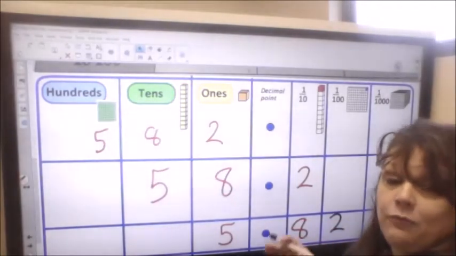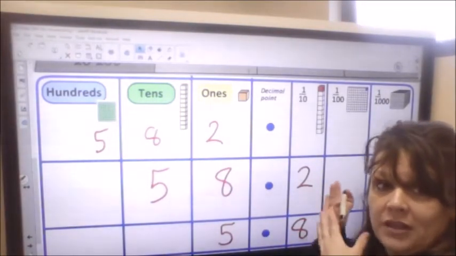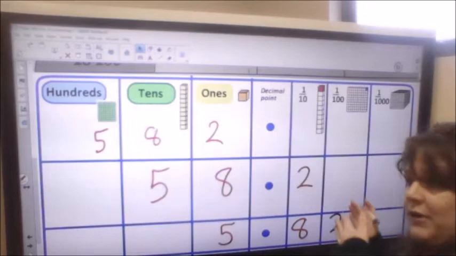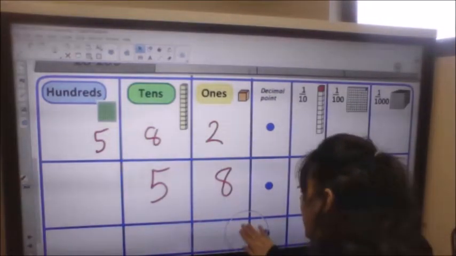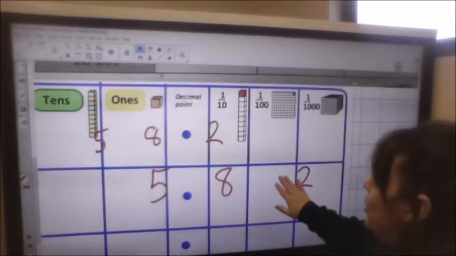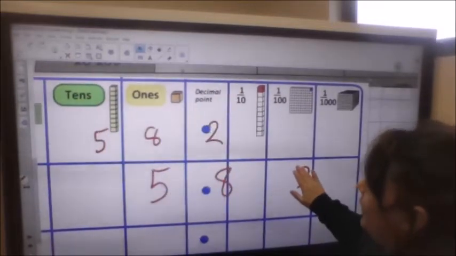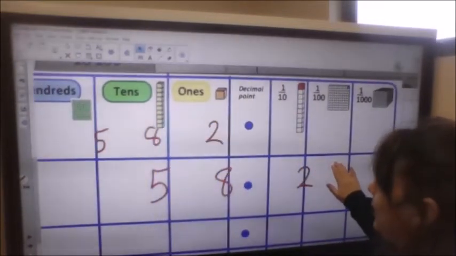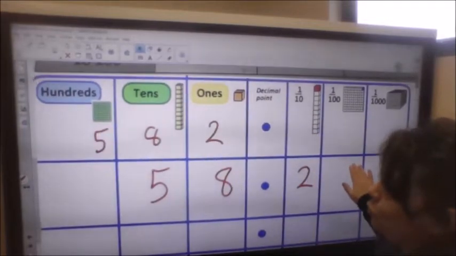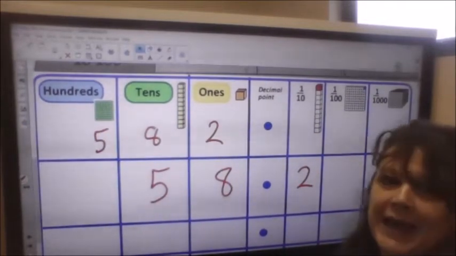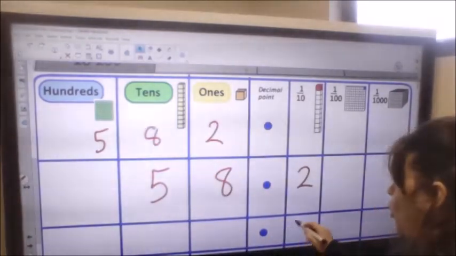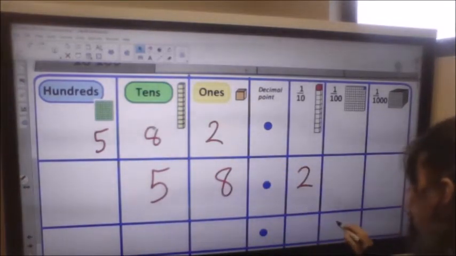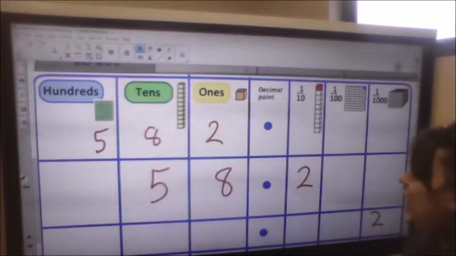And then if we look at 1,000, well, they move 3 places. So if I rub that one out, they're going to move 3 places. Let's get my board back again. 3 places this time: 1, 2, 3, that's where the 2 would end up.